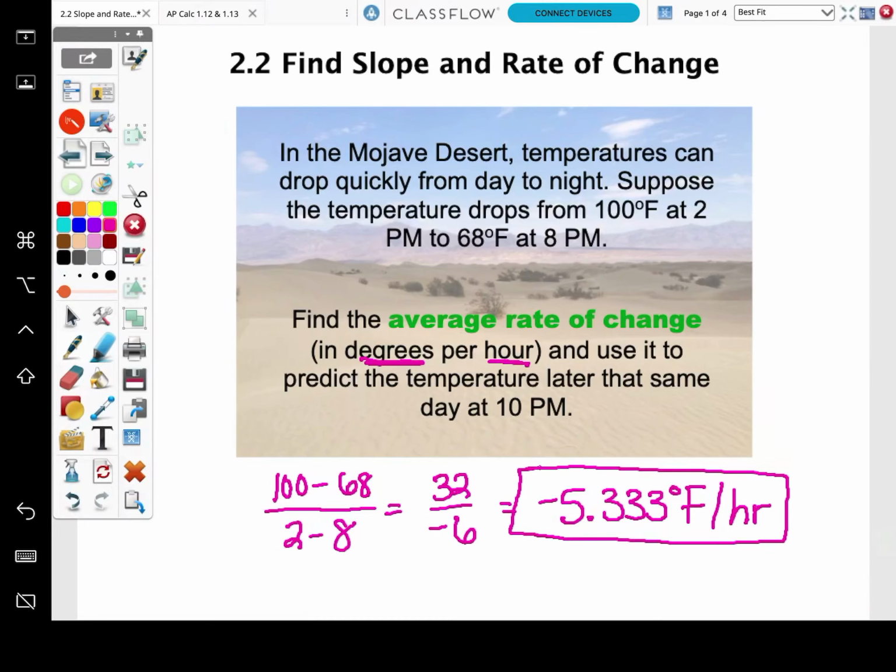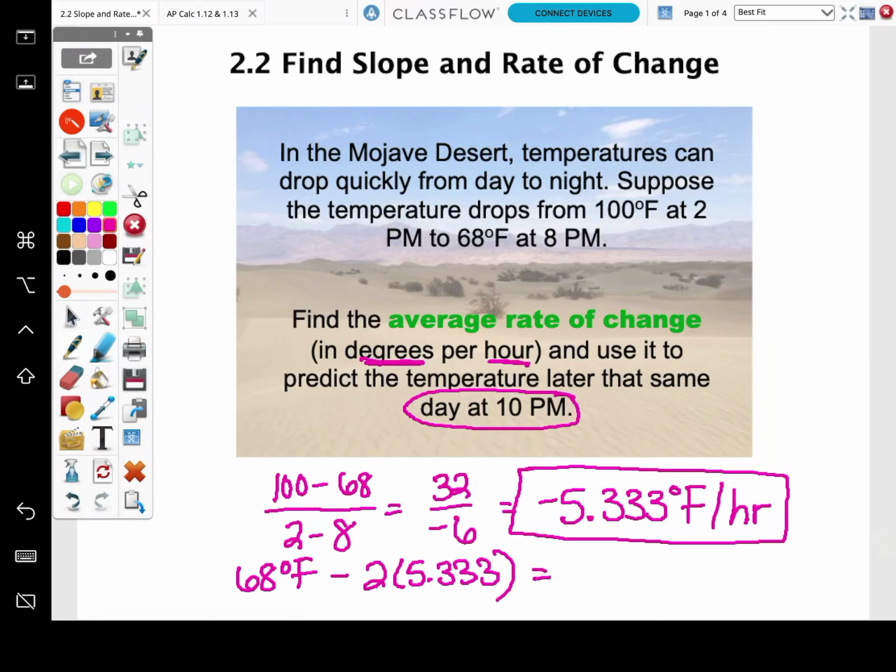Now, if it's going to drop 5.333 degrees per hour, about what temperature would it be at 10 p.m.? So we're going to take off another 2 hours of time, so 2 more iterations of that decrease.